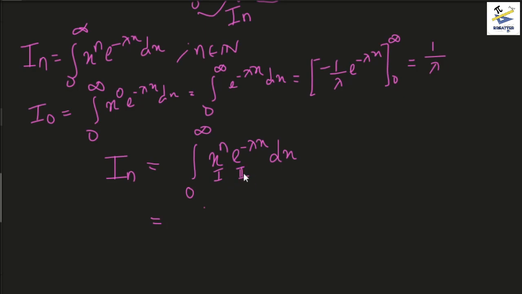So what I will do is explain it later, but for now we can understand that I'm going to do integration by parts, with the first function as x to the power n and the second function as e to the power minus lambda x.